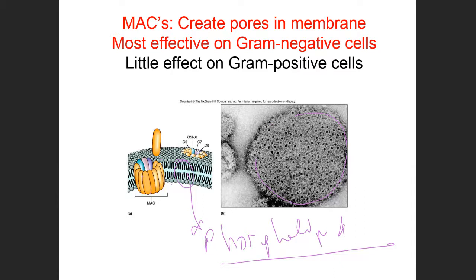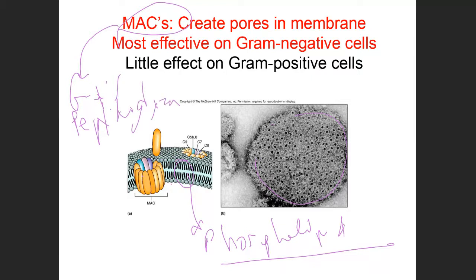Okay, so these complement proteins insert themselves into phospholipid membranes. What that means is that MACs are not going to be as effective against gram-positives, because gram-positives have a peptidoglycan cell wall, not a fat cell wall.